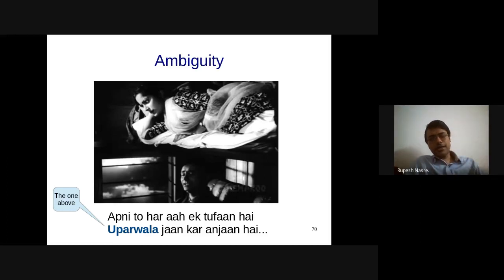One is the panda eats bamboo shoots and leaves of the tree. The other is the panda eats, shoots, and leaves. So where you put the punctuation changes the meaning of this sentence. In fact, there is a book by this name, Eats, Shoots and Leaves. What I'm trying to say is that there are ambiguous statements, and even in programming languages there are times when we have to make sure that this ambiguity gets removed.